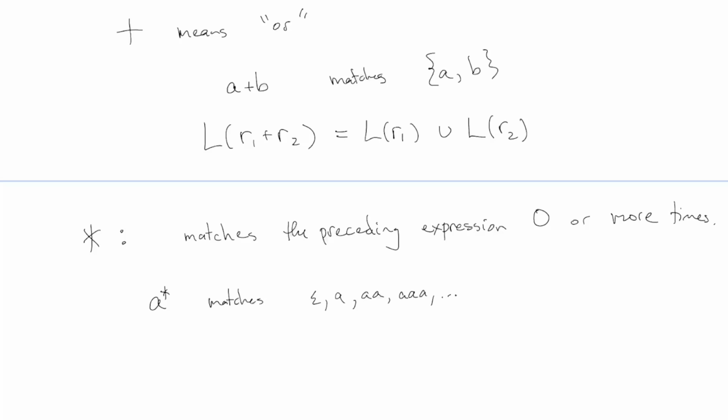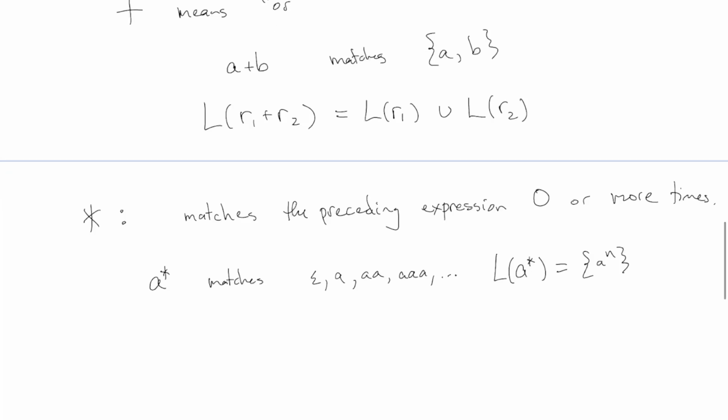But then there are other repetitions, although I don't like that word for reasons you'll see in a moment. As a set, the language of A star is just A to the n. You might be tempted to think of the star as just like "to the n", although that's not really a good way of thinking about it. You'll see in a few more complicated examples.